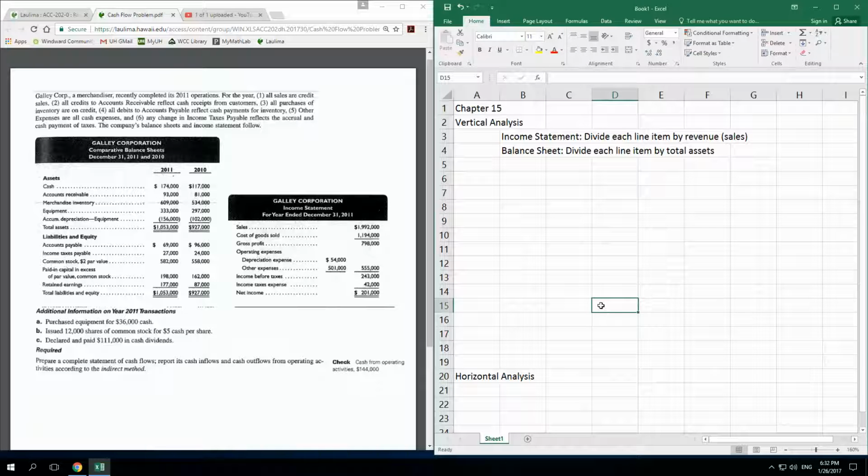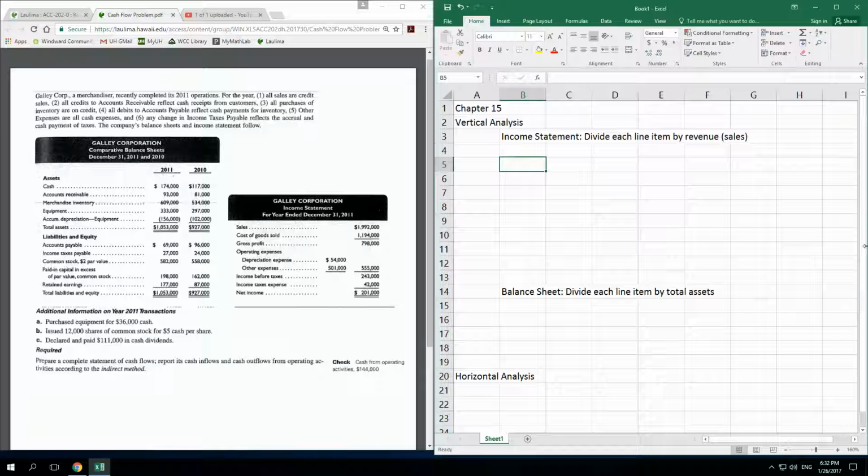So why don't we start with vertical analysis, and we'll do vertical analysis for the 2011 balance sheet, and then we'll do the income statement. So we'll start with the income statement. We've got sales, cost of goods sold, gross profit.